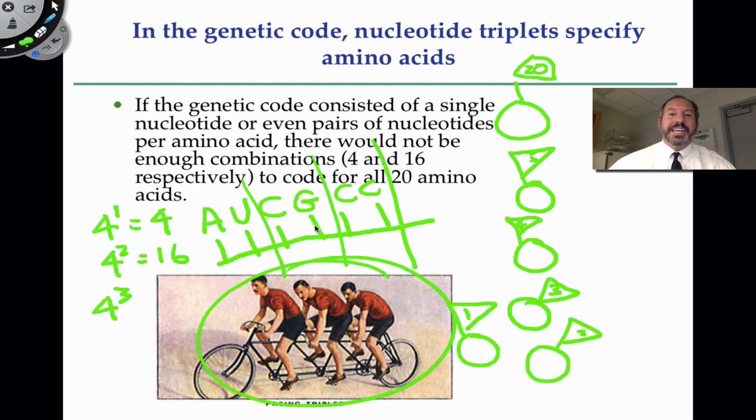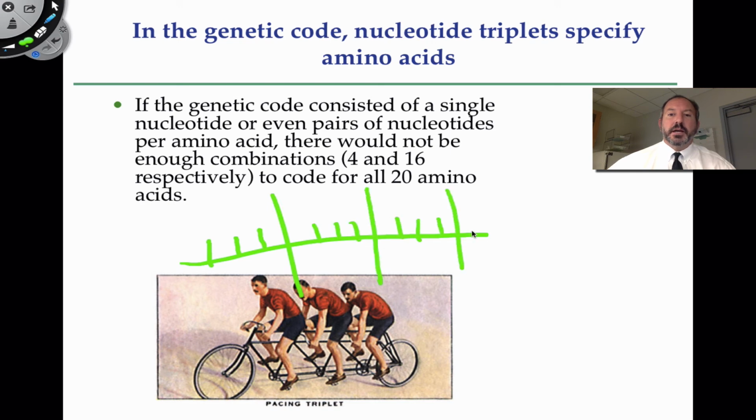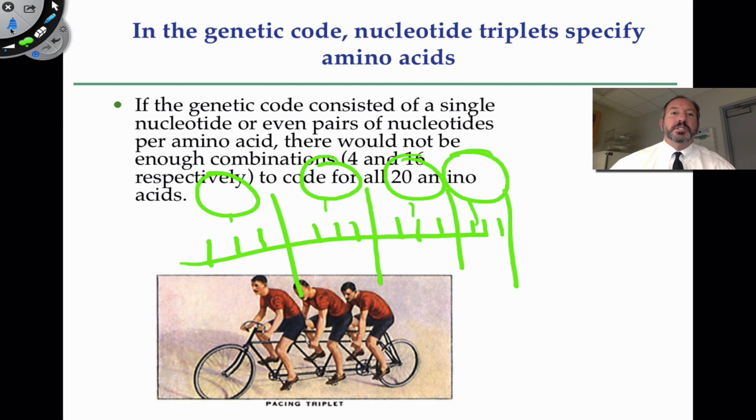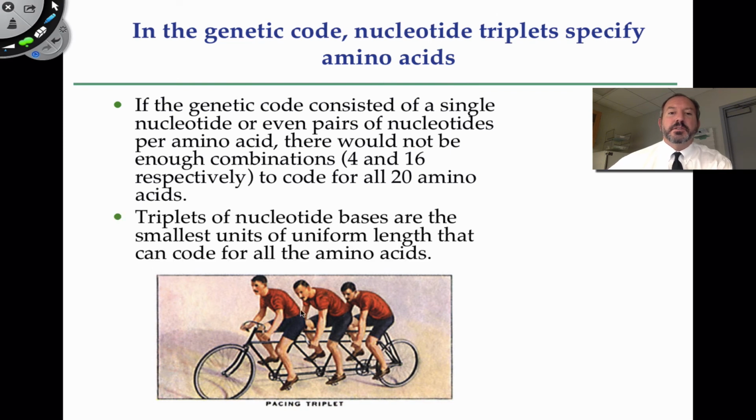And so each of the 3 nitrogen bases, 1, 2, 3, 1, 2, 3, 1, 2, 3, and 1, 2, 3, each of these 3 code for an amino acid, an amino acid, an amino acid, and an amino acid. So the genetic code is a triplet. And so each group of 3 nitrogen bases is referred to as a codon. A codon. So that's how the genetic code is read. So they're triplets of nucleotides.